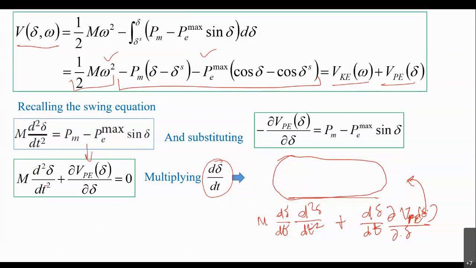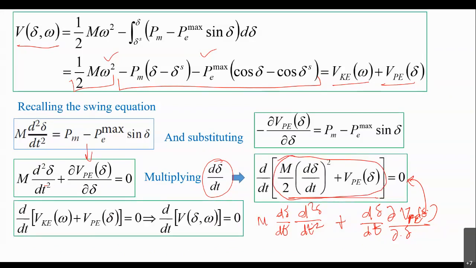So now I can write this equation instead of this, because this is your kinetic energy, because d delta by dt is nothing but omega, so I can write half of M omega square plus Vp delta.